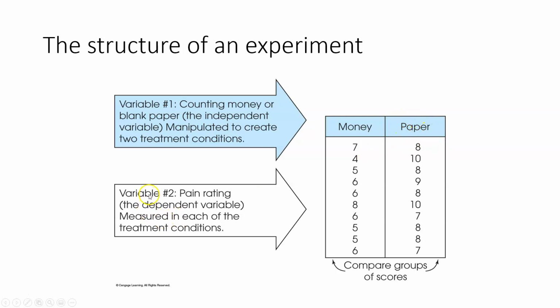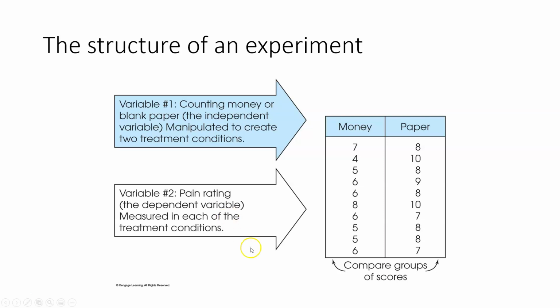And then the variable that the researchers measured was pain ratings. So they manipulated participants in this study by placing their arms in ice-cold water and asking them to rate how bad their pain was.